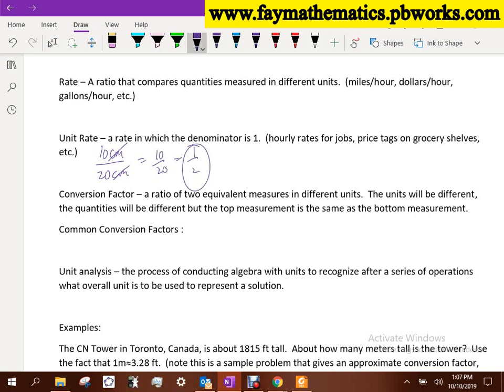Okay? However, if I ever get to something where maybe I work a job and I make $4.25 for every 2 hours. Okay, how can I cancel out dollars and hours?